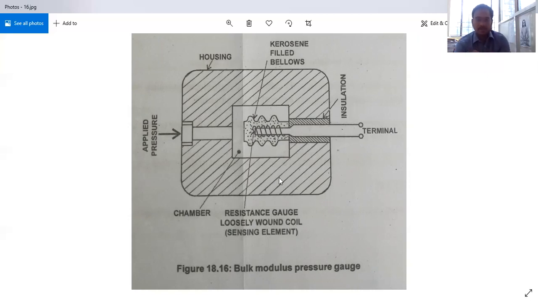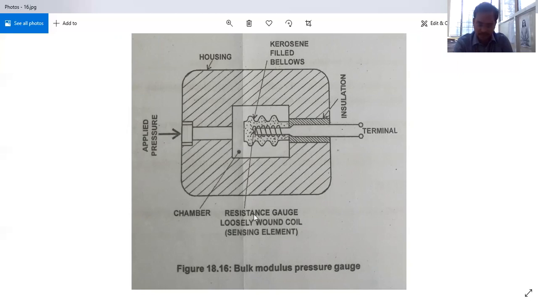Now coming to the main parts here, we are having the housing with the chamber. One end of the chamber is opened to receive the applied pressure here, and inside the chamber we are having a sensing element.